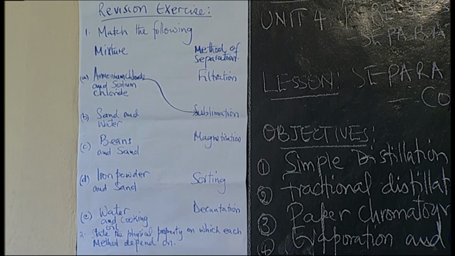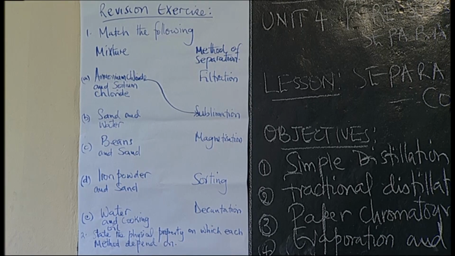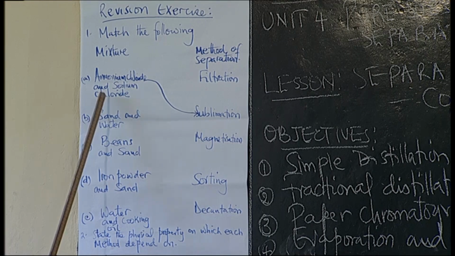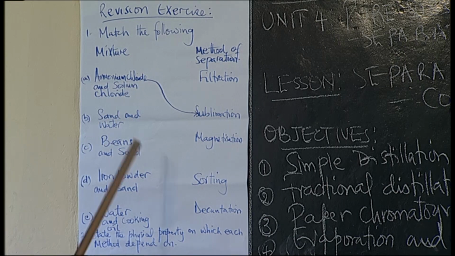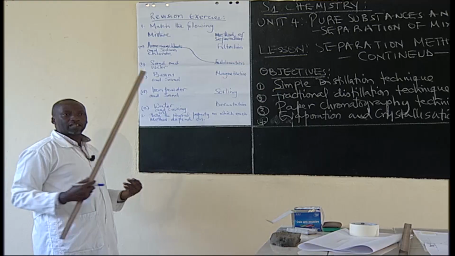If you remember what we talked about with sublimation, we said a substance is able to change from the solid into the gas without passing through the liquid state. So that is sublimation. In this case, ammonium chloride sublimes and sodium chloride remains behind.